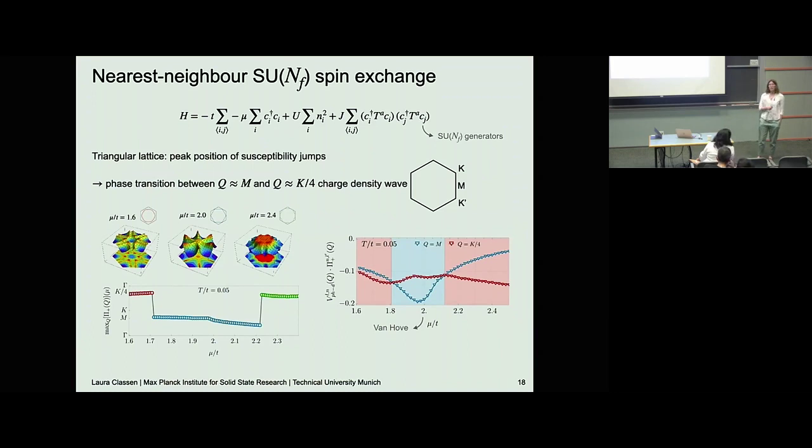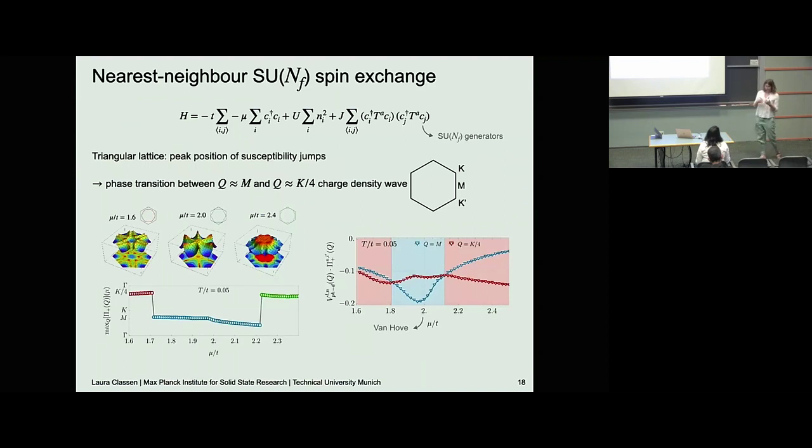Namely, if you look into the polarization operator, so the bare particle-hole susceptibility, at different fillings, you'll find that the peak, which determines the wave vector of your instability, will jump from the nesting vector around Van Hove to a value along the Γ-K direction that is close to K/4. And this is plotted here, this jump, as function of filling.